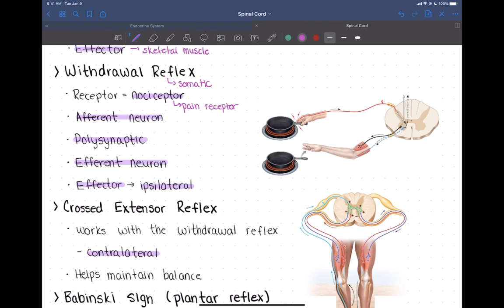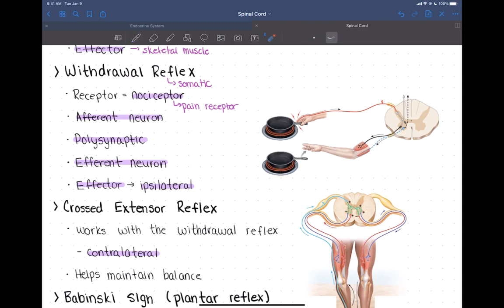In our example here in this picture, we have somebody reaching out with their hand, touching a really hot cast iron skillet. That hot temperature and the burning is going to activate these nociceptors, and that information will be sent through that afferent sensory neuron to the DRG.